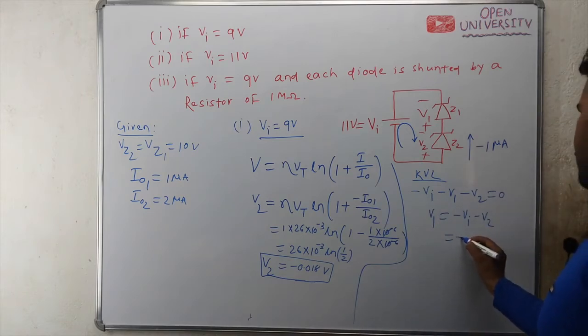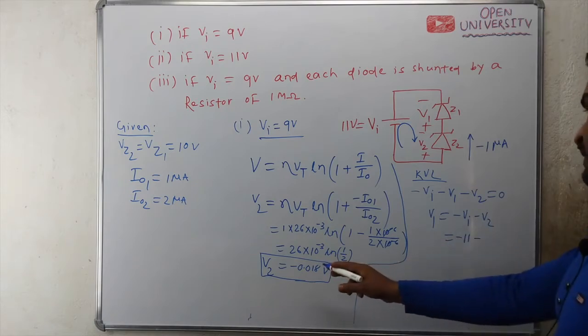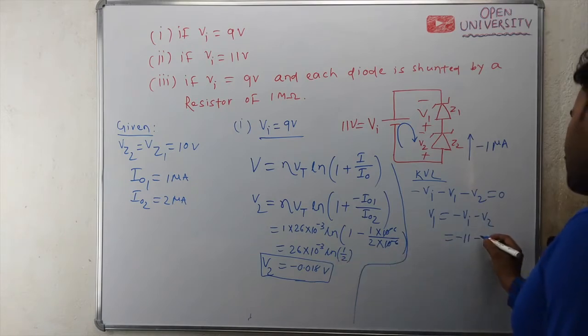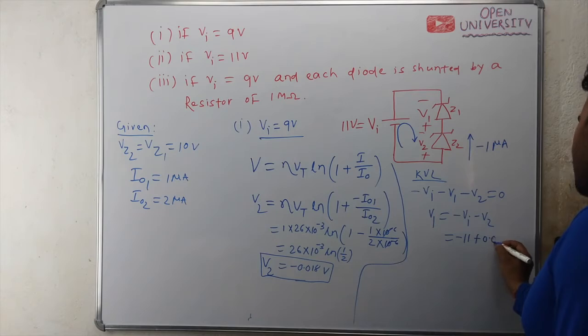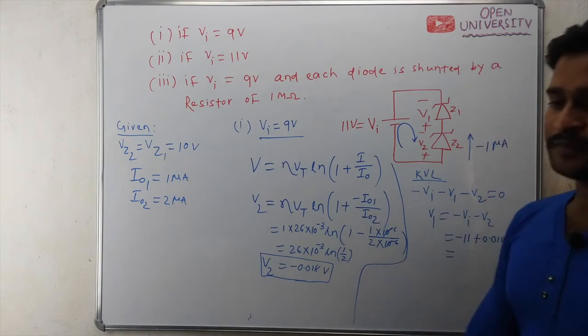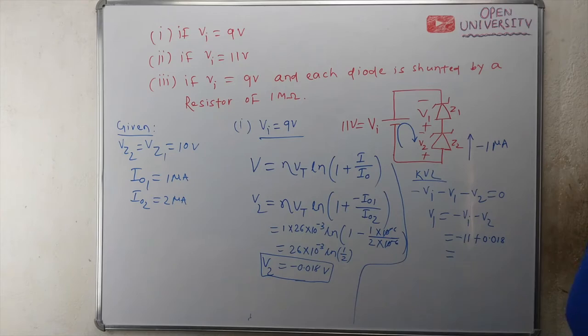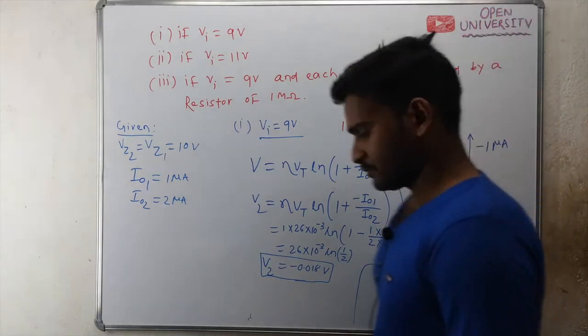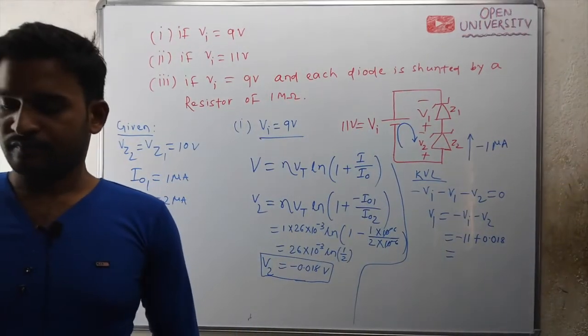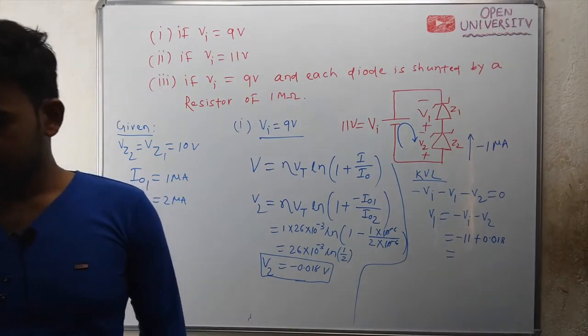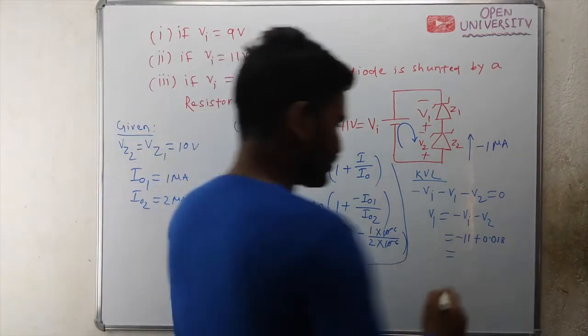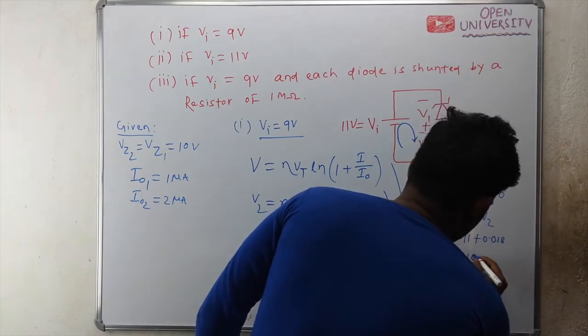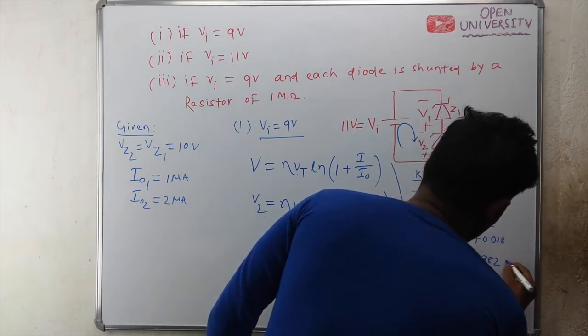VA value is 11 volt, so minus 11 minus V2, which is minus 0.018 volts, so minus minus plus 0.018. So this answer will be minus 10.982 volt.